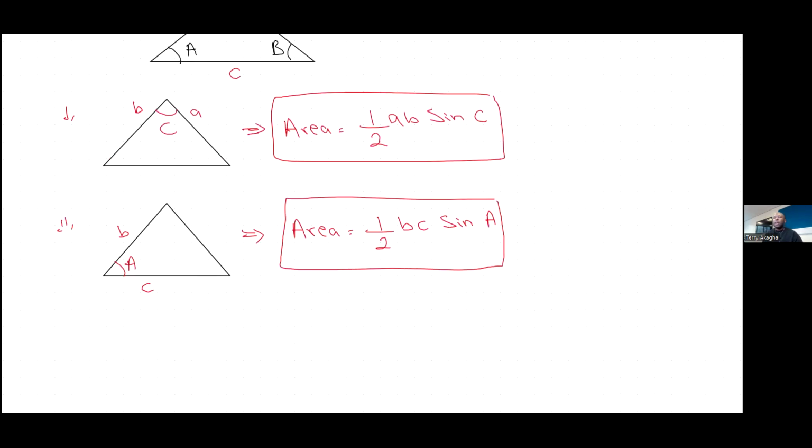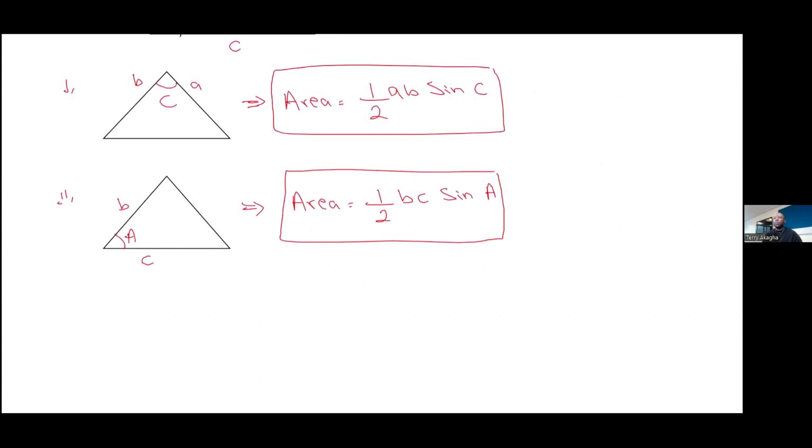And let's do the last one. So let's assume we have another one. So let's say we have this triangle here. But in this case, we have this side B, and then we have A and C, okay?